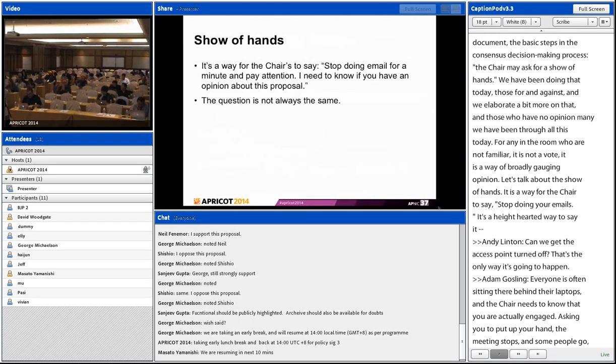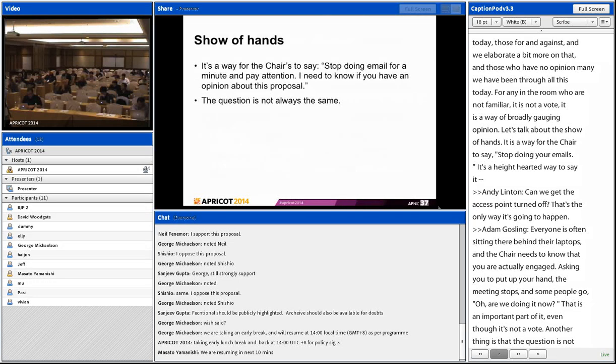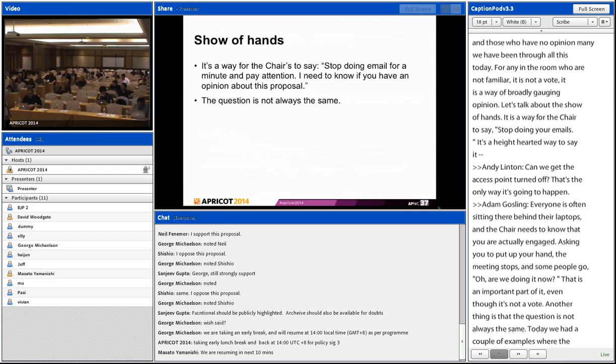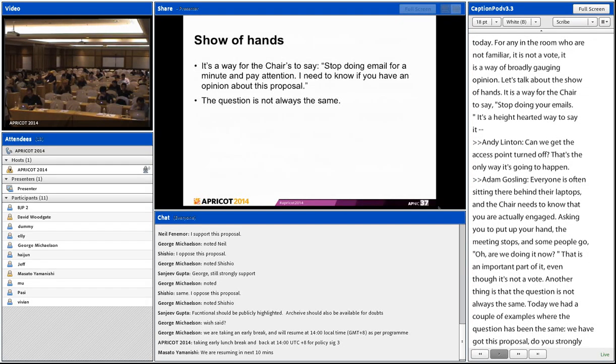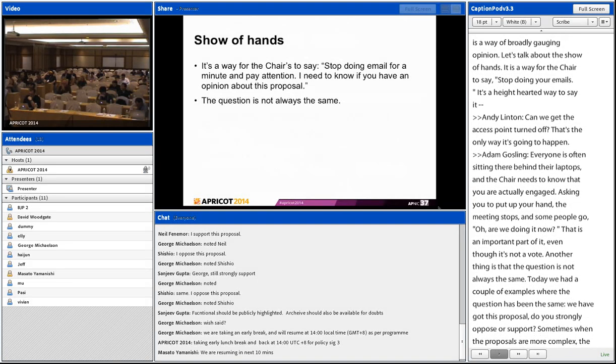Another thing about it is the question is not always the same. Today we've had a couple of examples where the question has been the same: we've got this proposal, do you strongly oppose or support? Sometimes when the proposals are more complex, the questions get more complex, and those who have been to other policy SIG meetings will know that the chairs might say, I'm not getting the feel that the room is very supportive of this.